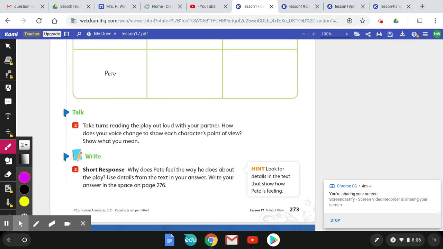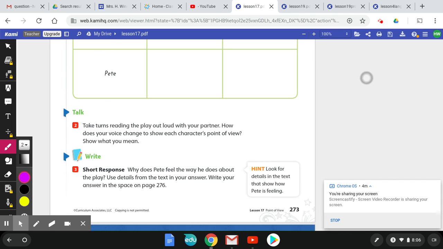And then show what you mean. So, in other words, just show how you would read it and change your voice. And number 3 is your short response. And that is going to be written down on page 276. Why does Pete feel the way he does about the play? Use details from the text in your answer, and then write your answer in the space on page 276.